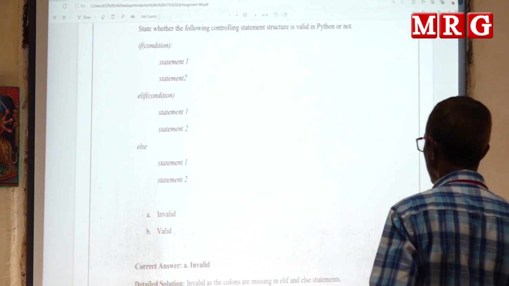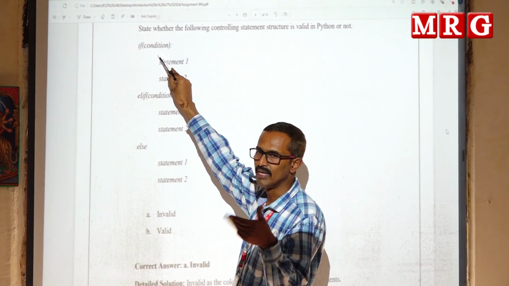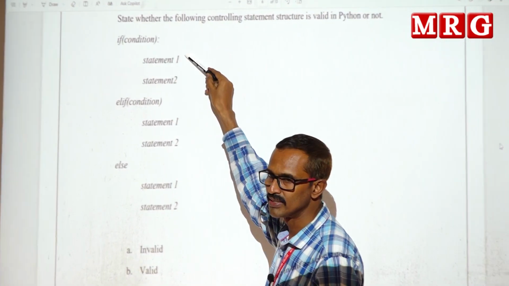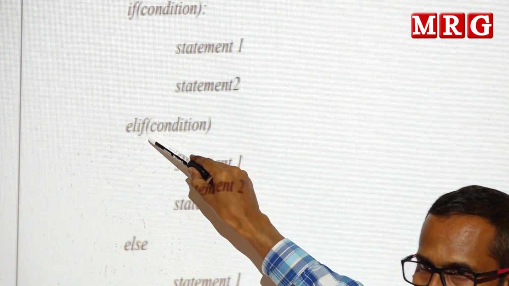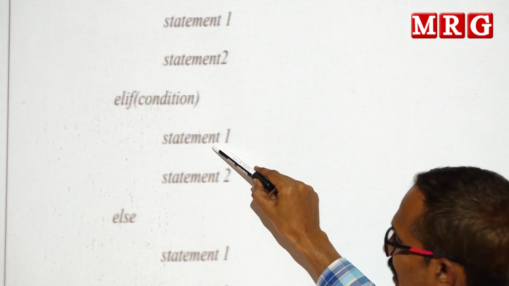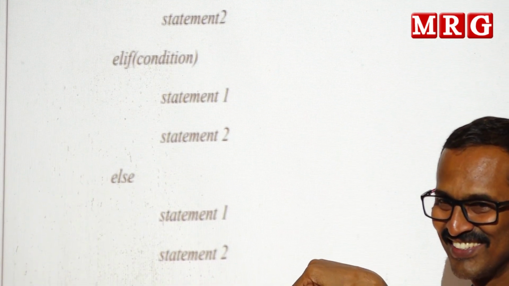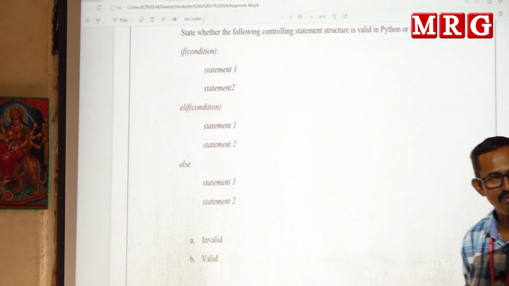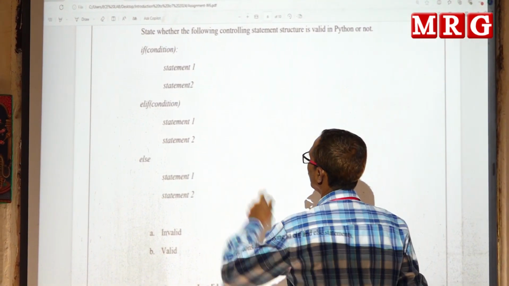If condition, whatever condition you write, and the statements, correct? Here elif, else if, condition checking, statements, then else statements, everything is correct. Then where is the mistake? Semicolon is missing. That is a problem.